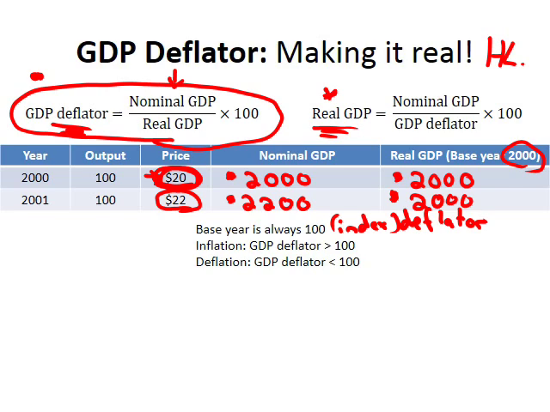If we focus on nominal GDP, which uses the current year prices, and nominal GDP went from 2,000 to 2,200, we don't know if we are producing more, if that's all the data we have. We don't know if there's been inflation, or we don't know if it's been a combination of inflation and increasing output. So nominal GDP is not nearly as helpful as real GDP.